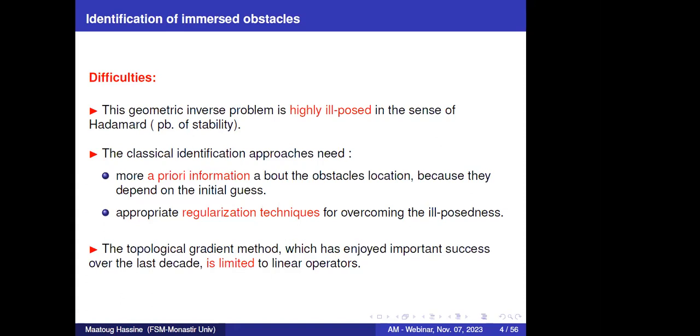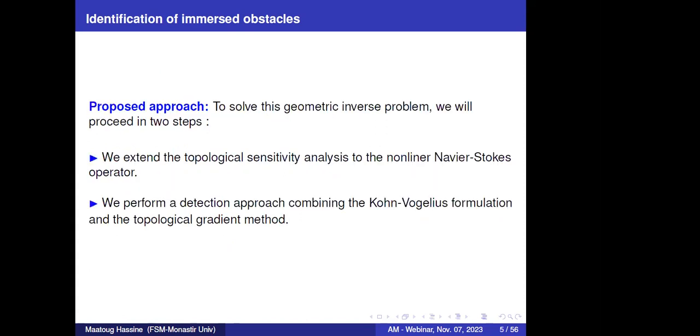On the other hand, the topological gradient method, which has enjoyed important success over the last decade, is limited to linear operators. So in this work, to solve this geometrical inverse problem, we will proceed in two main steps.